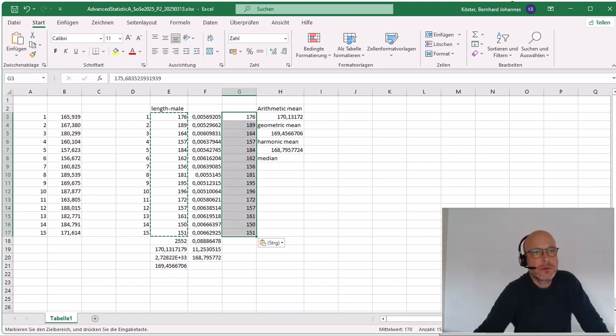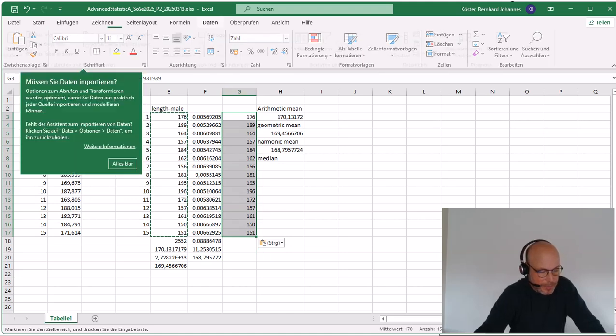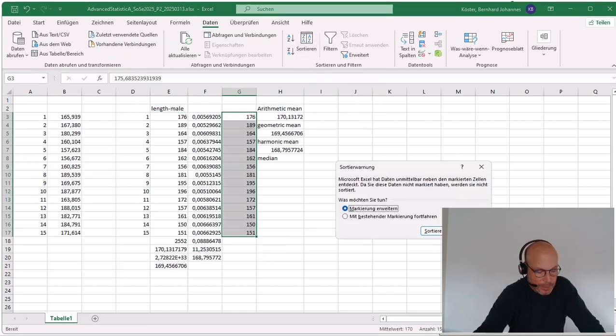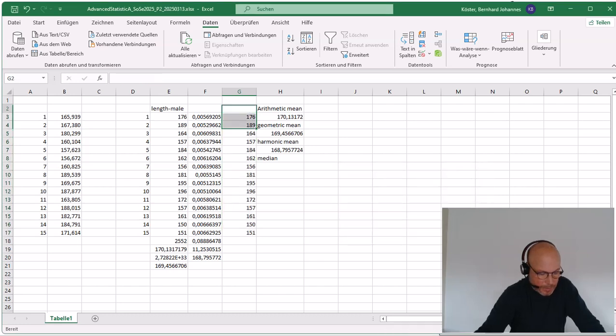we can do it, of course, by hand, sorting this data, but there is also a possibility to use your program, and then you find here data, sort. Oh, I need one more, this one.